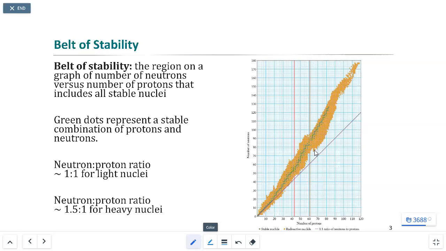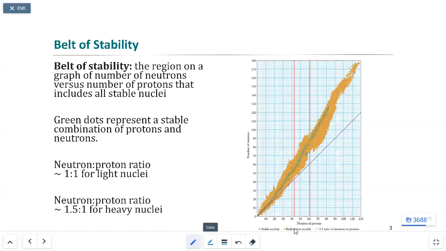And so you can see there are lots of different neodymium isotopes that are possible. The ones that are orange are known, but are also known to be unstable. The ones that are green are known and also stable.